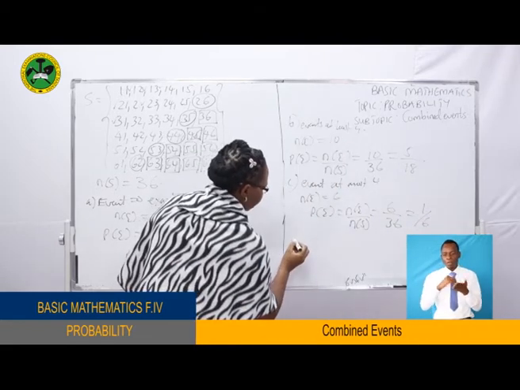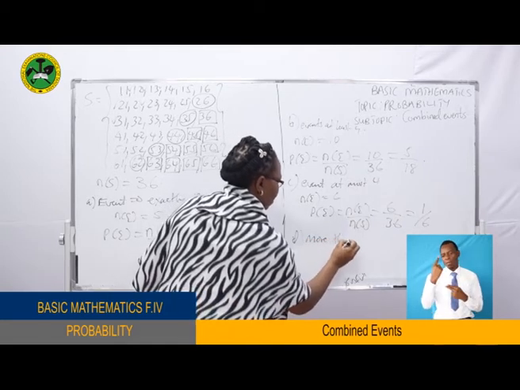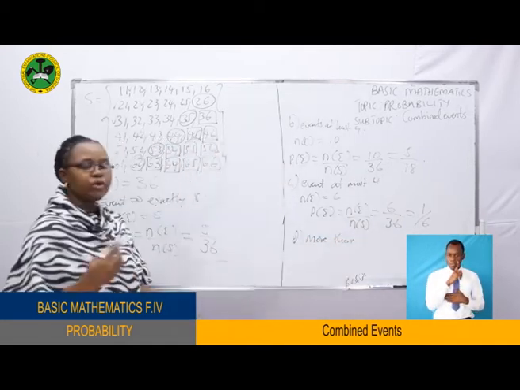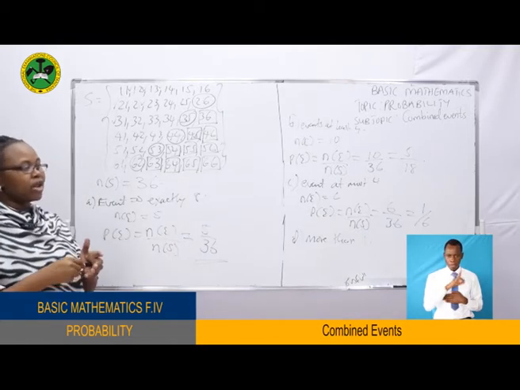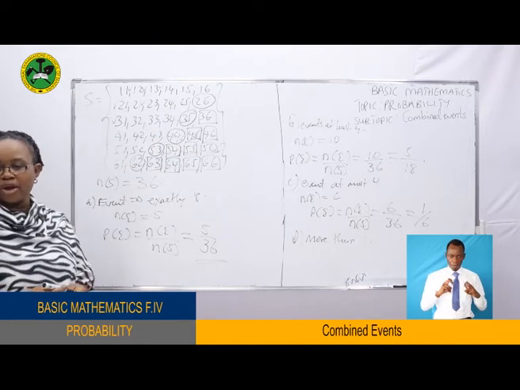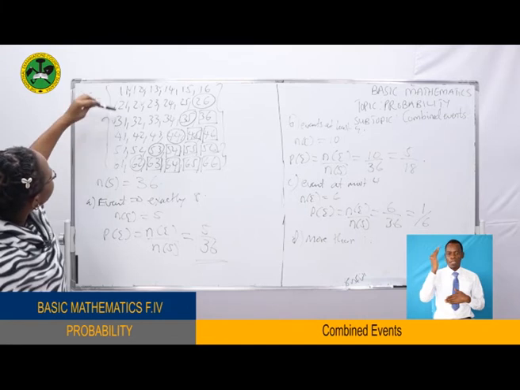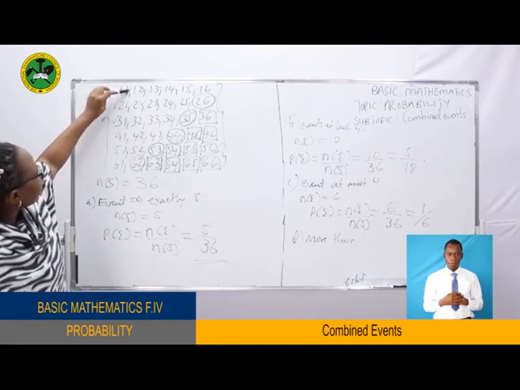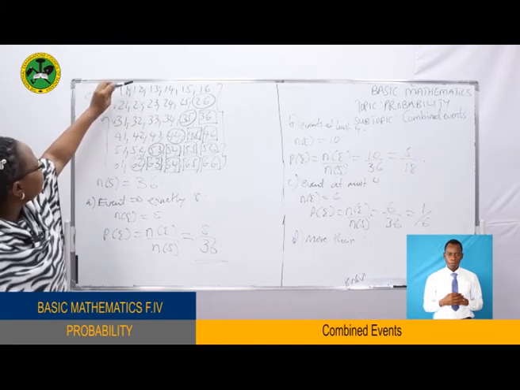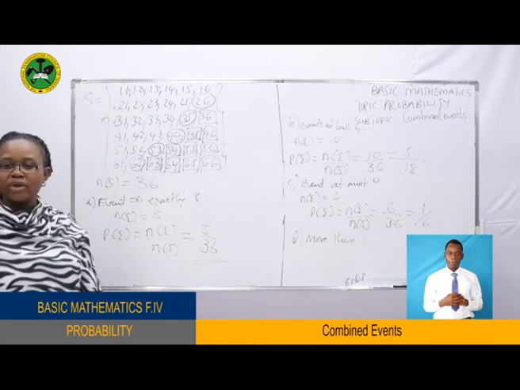Then in part D, we have more than 1. When you add a number, it is more than 1. So all these numbers, when you add them, the answer is more than 1, because the first number in the first column and the first row is 1, 1. So 1 plus 1 is 2. If this is 2, it means all of these, when you add up, the answer will be more than 1.